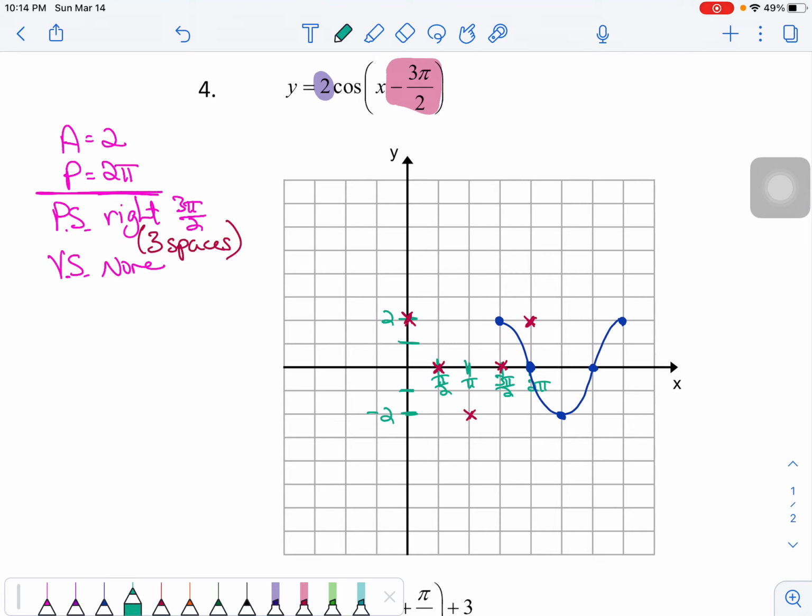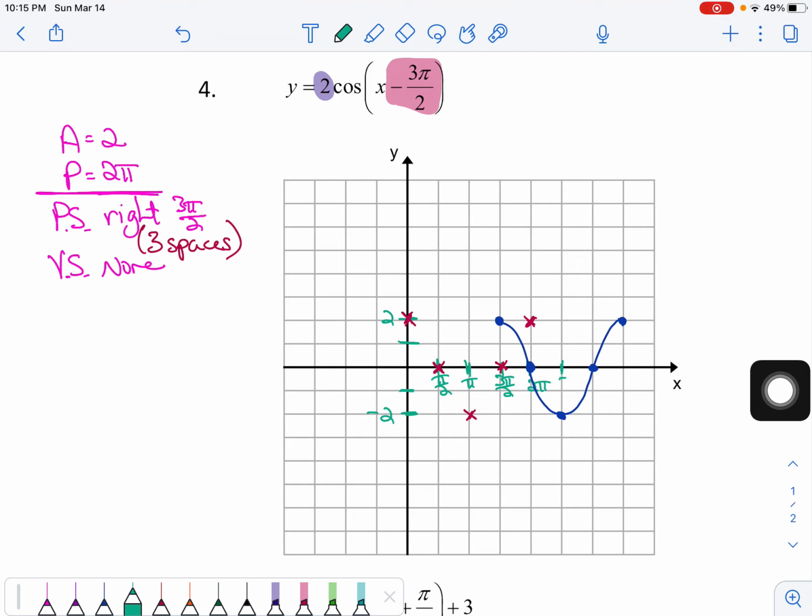Now we are missing some information along the x-axis. We've got our maximum and minimum labeled on the y-axis, but we need to continue the labels on the x-axis. So this is 1 over 2, 2 over 2, 3 over 2, 4 over 2.